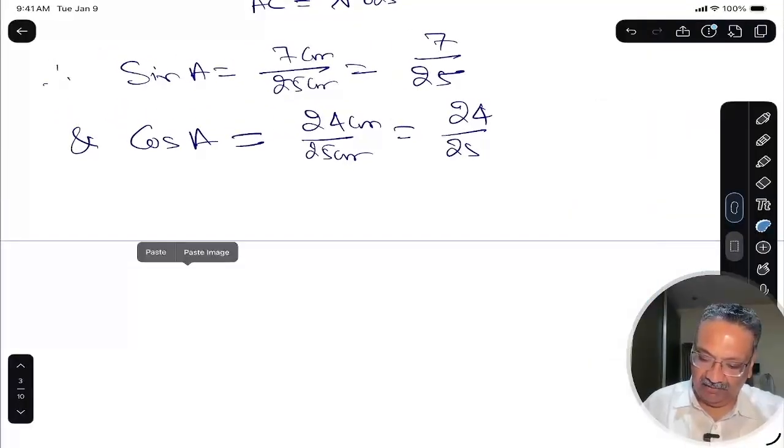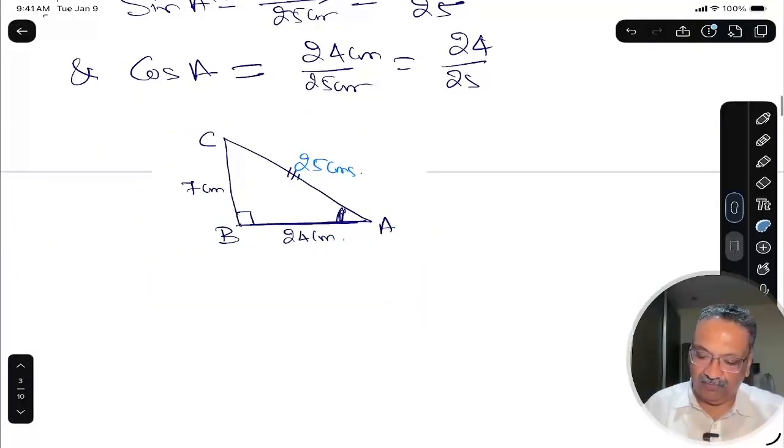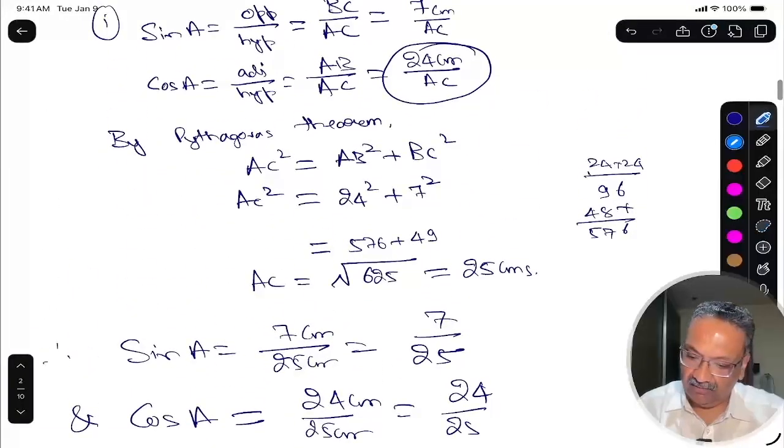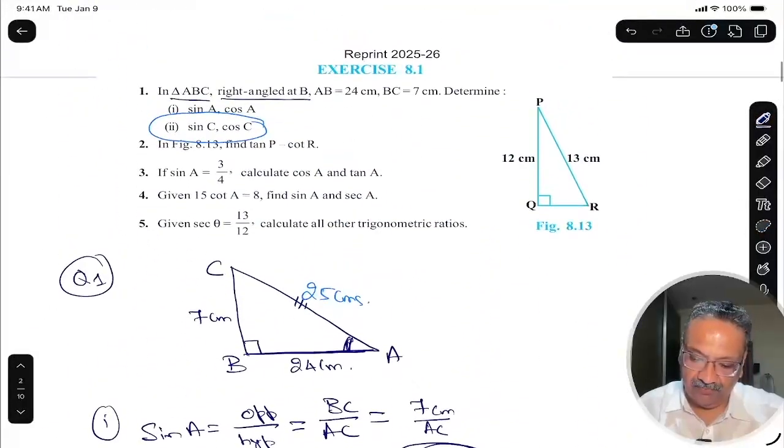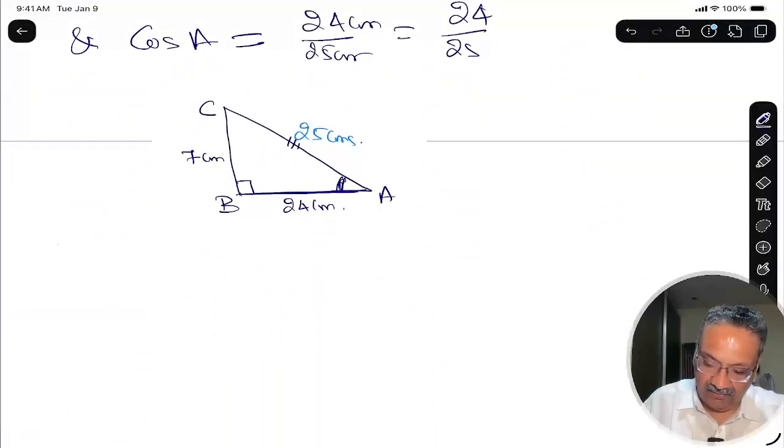Same triangle, I will copy it here. So now what they are asking for is sin C and cos C.